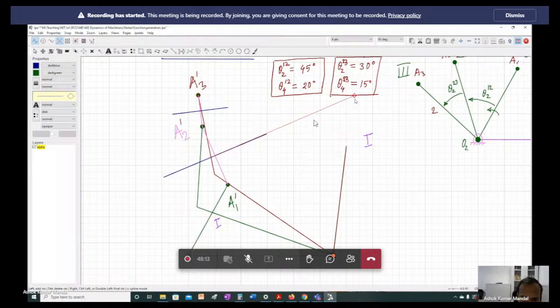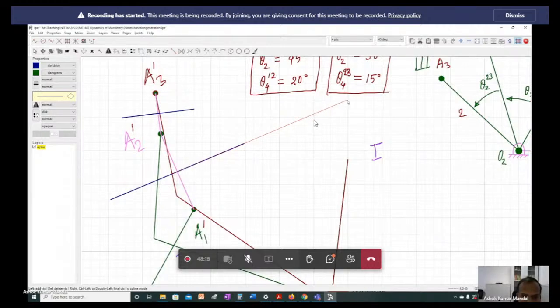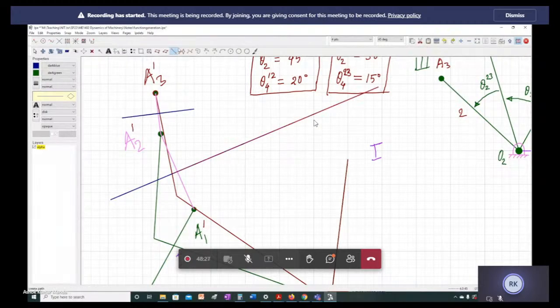Extend is not possible, but then manually we can do it. Okay, and for the other point, we take from this point.